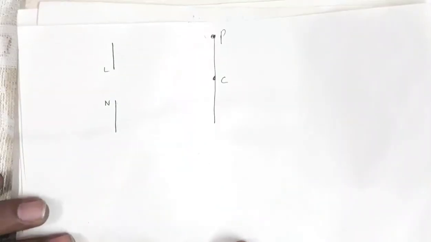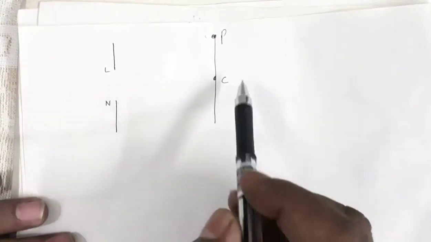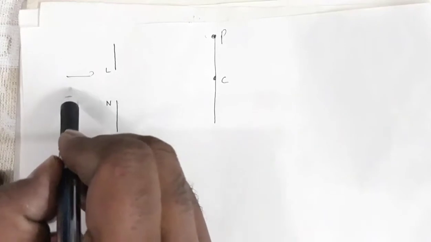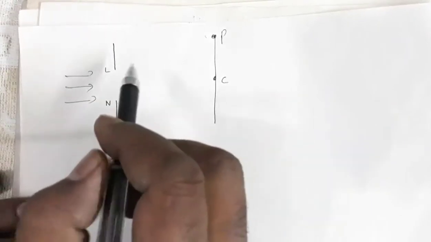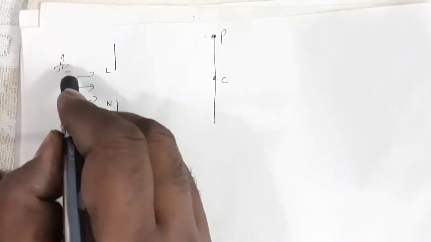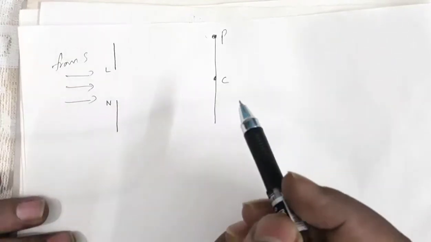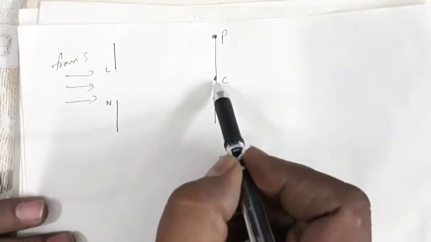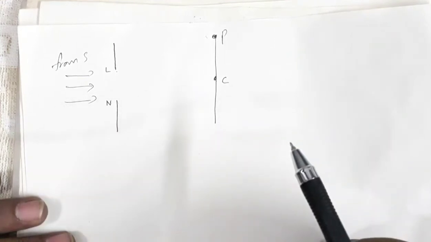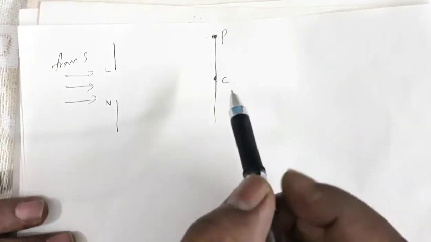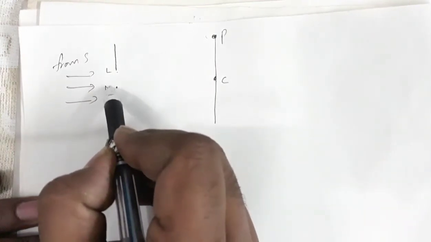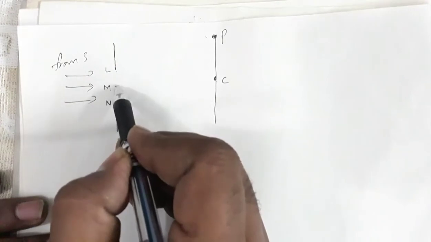Now let us see this arrangement of a single slit, and this is the screen, and monochromatic light is coming from this side, from S. S is the source, and this is the slit LN. C is the central point on the screen, and P is some other point on the screen. This is one more point M, at the center of the slit.